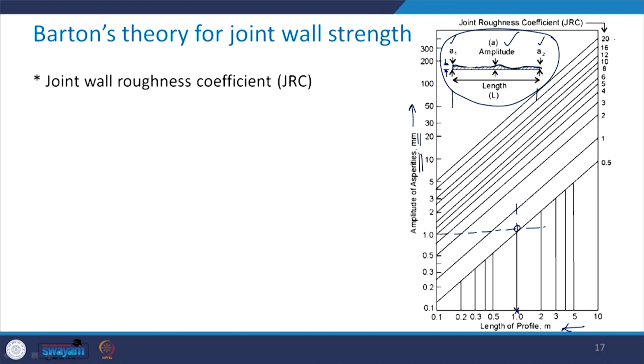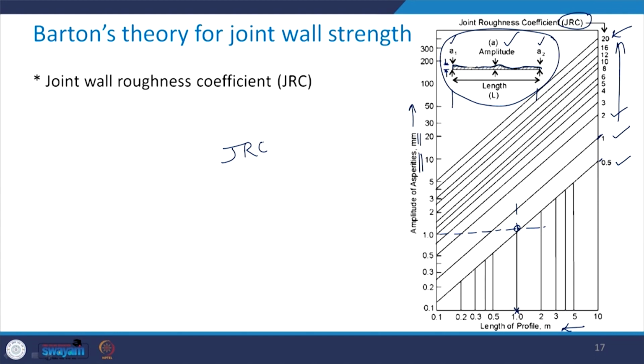You can see that some numbers have been given which represent the values of JRC, starting from 0.5, 1, 2 and going up to 20. This point is lying in between 0.5 and 1. So, you just interpolate and find the value of JRC in this case.